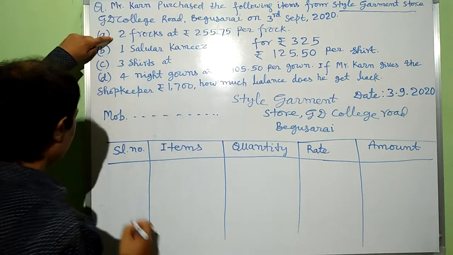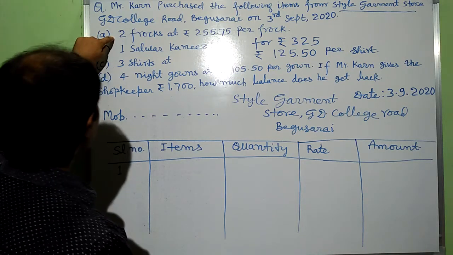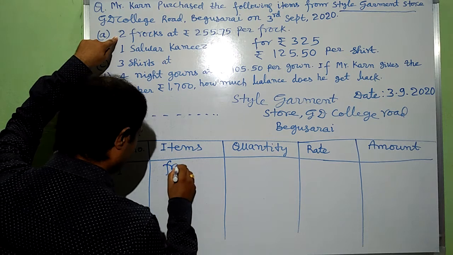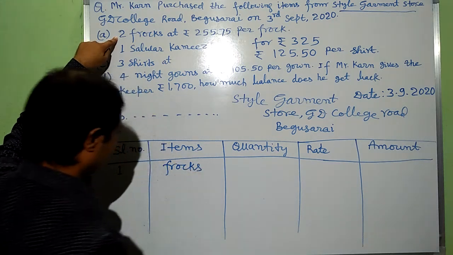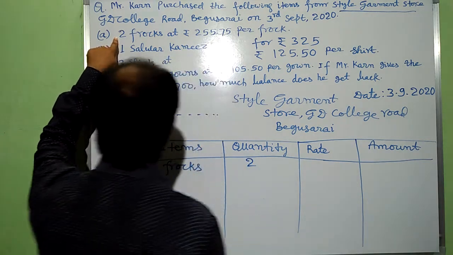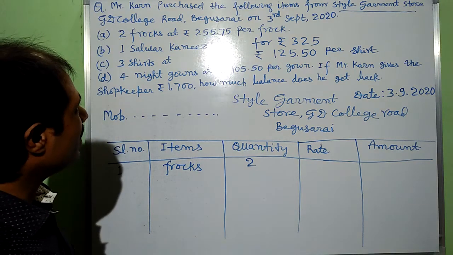In this information, first item, that is frocks. Quantity is 2, and rate, the cost of one article, is called its rate.